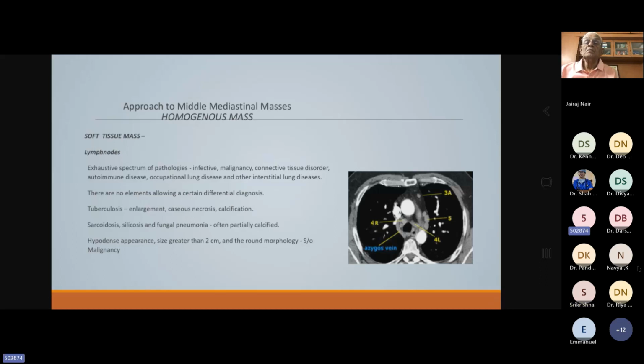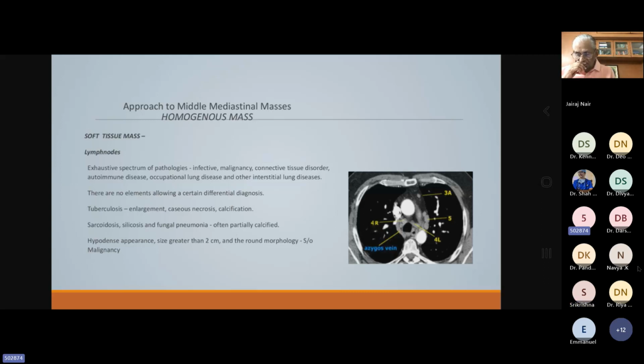First, soft tissue masses, including lymph nodes and lymphomas, have an exhaustive spectrum of pathology, including infective, malignancy, connective tissue disorder, autoimmune disease, occupational lung disease, and other interstitial lung diseases. There are no elements allowing a certain differential diagnosis. In tuberculosis, enlargement, caseation, necrosis, and calcification are seen.